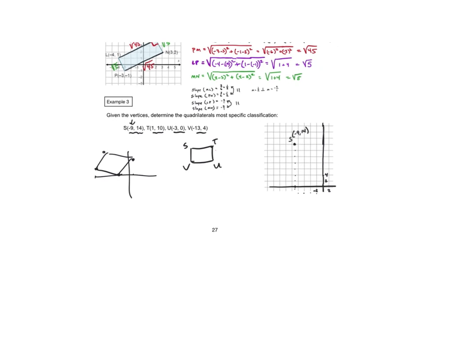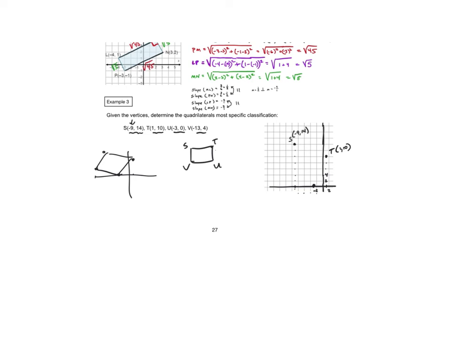Let's see, what else do we have? We have T, which is going to be 1, and 10, which is 6, 8, 10 right here. That is T, which is going to be 1, 10. We have U, which is going to be -3 and 0, right there.